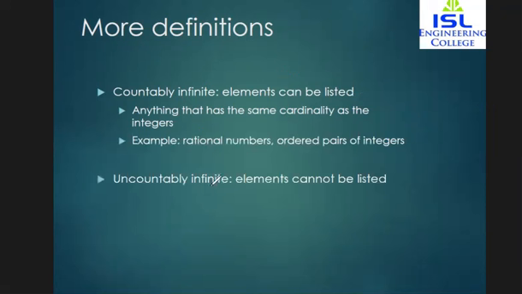Uncountably infinite means elements which cannot be listed, like real numbers. Okay, so what is the difference? Over here, integers are called countably infinite. That is, they are countable but they are infinite. While real numbers are 1.1, 1.01, 1.1.1, and so on. So these are not countable numbers. So this is considered uncountably infinite.